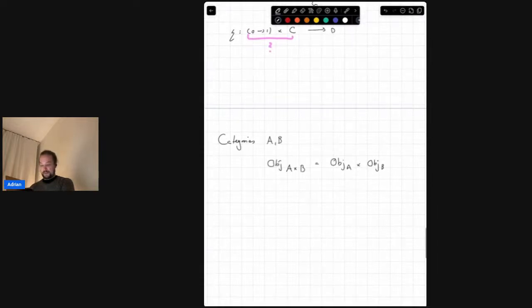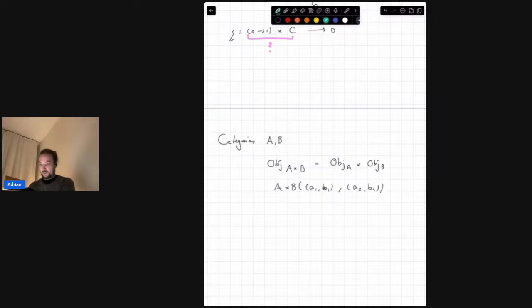And so let's say we have a morphism. The morphisms in A cross B from the pair (A1, B1) to (A2, B2).